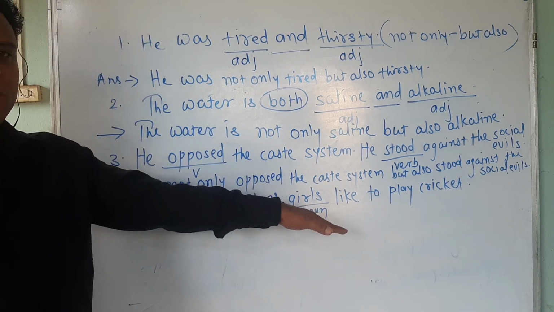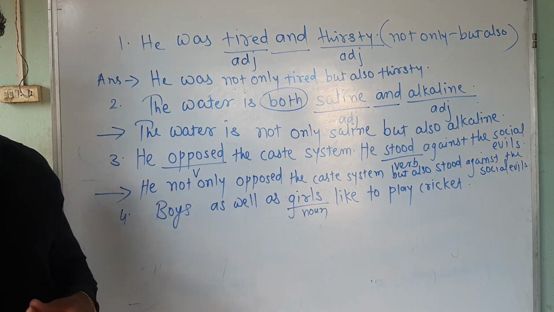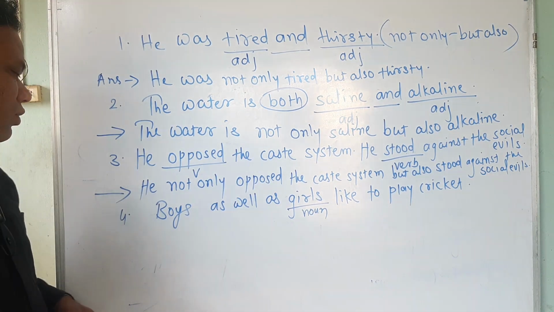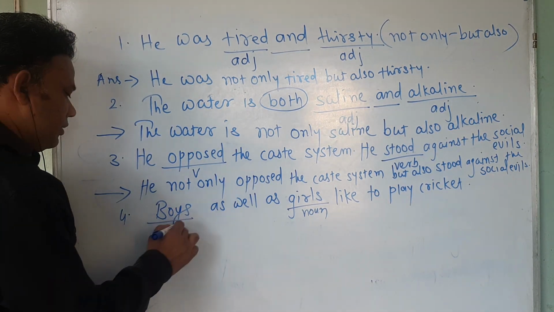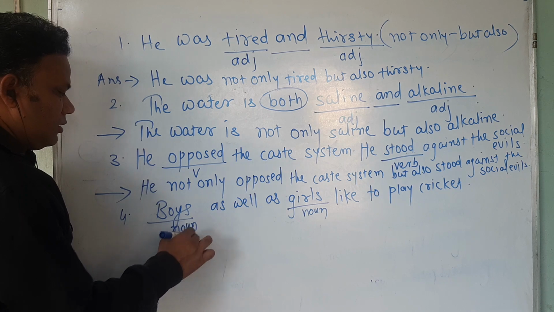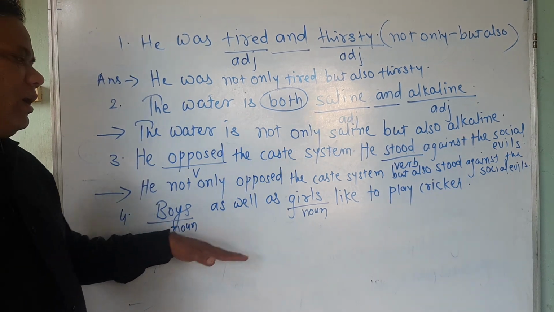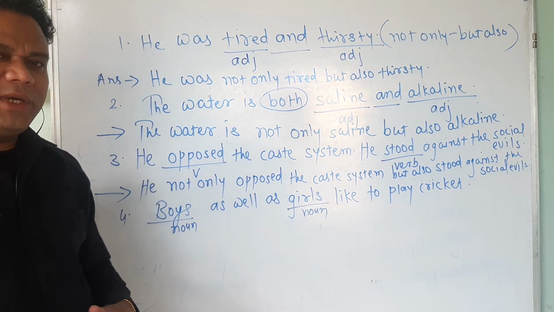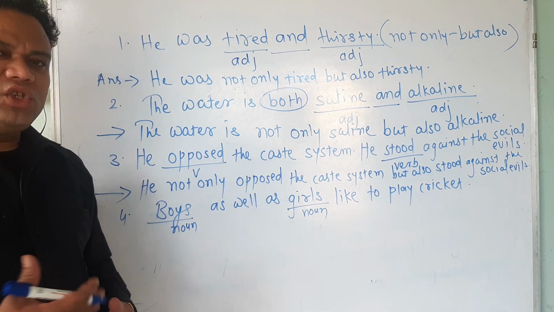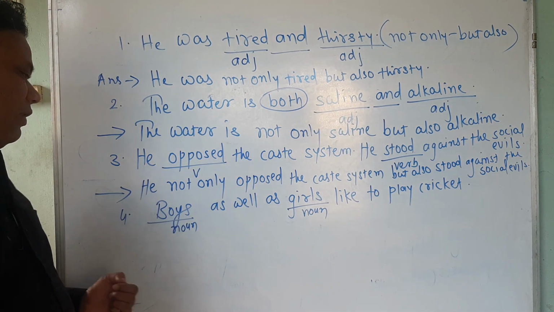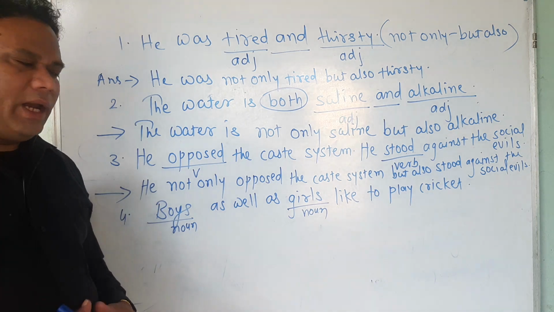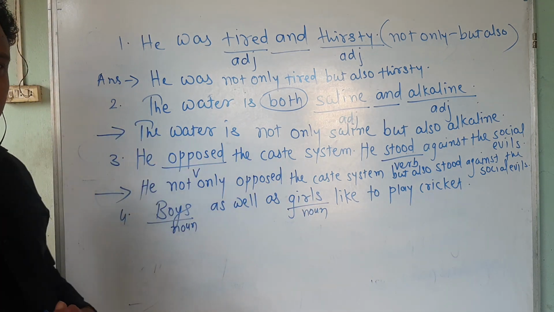If it is a noun, then in the earlier part of the sentence now we have to find out which is the noun. Which one is it? Yes. Now when we find two words having the same part of speech, it is very easy to use not only but also. Before one word we have to use not only, and before another word we have to use but also.